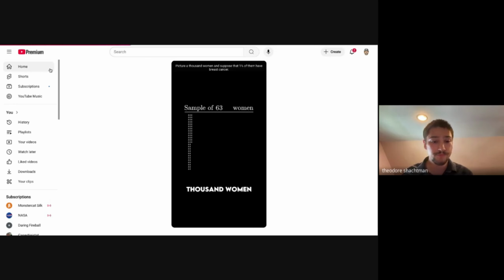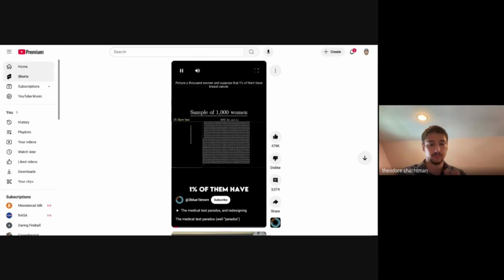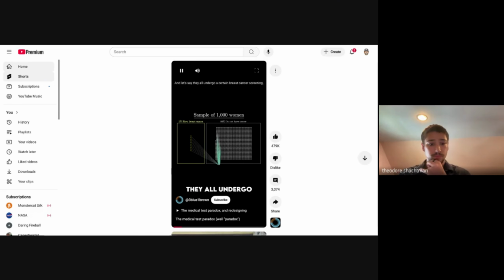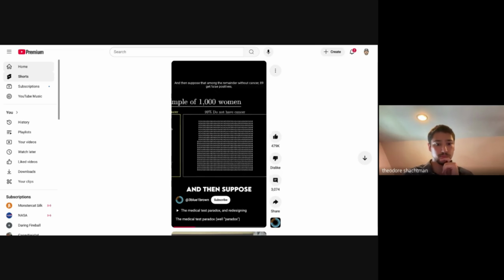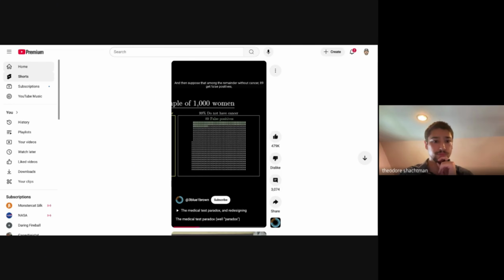Picture 1,000 women, and suppose that 1% of them have breast cancer. And let's say they all undergo a certain breast cancer screening, and that 9 of those with cancer correctly get positive results, and there's 1 false negative. And then suppose that among the remainder without cancer, 89 get false positives, and 901 correctly get negative results.